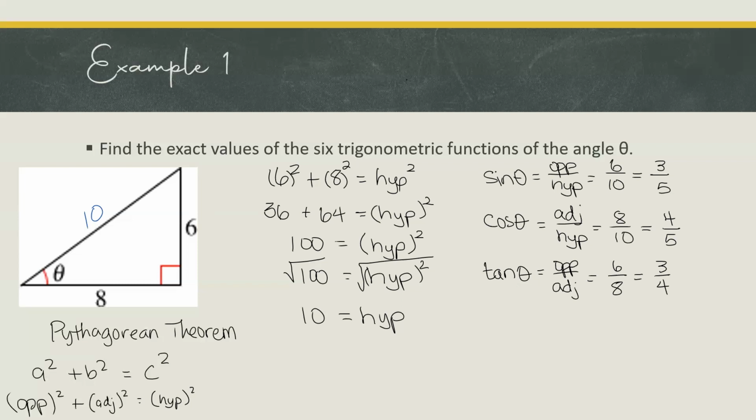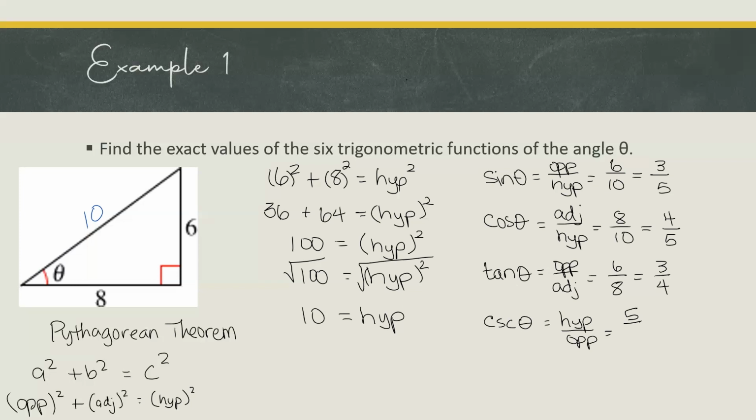Now to find the other 3, if you remember which functions are reciprocal, you can just flip these over. But you can also use the definition. So cosecant is hypotenuse over opposite. This one is the reciprocal of sine. And it is 5 over 3.